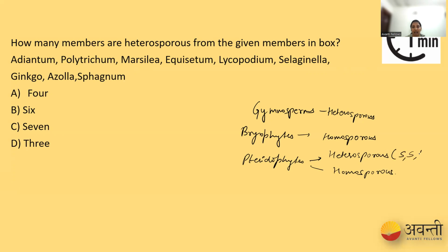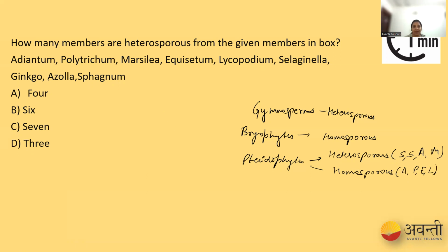Selaginella, Salvinia, Azolla, Marsilea, they all are heterosporous. Adiantum, Polytrichum, Equisetum, Lycopodium, they all are homosporous.